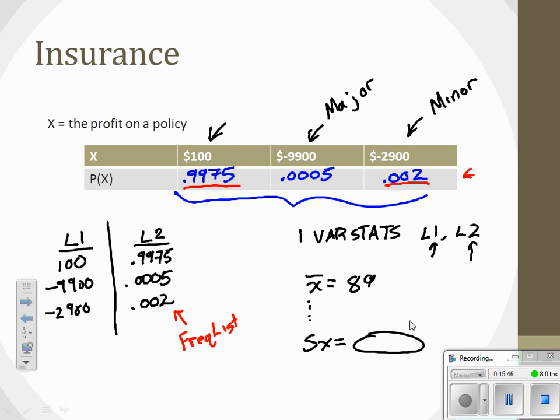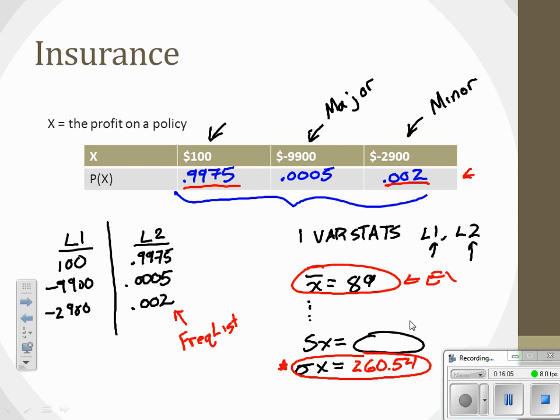We have data on all of the policies. So in other words, we have information on the population, which is what that stands for. And so that 260.54, there's your standard deviation, and that X bar, there's your expected value.